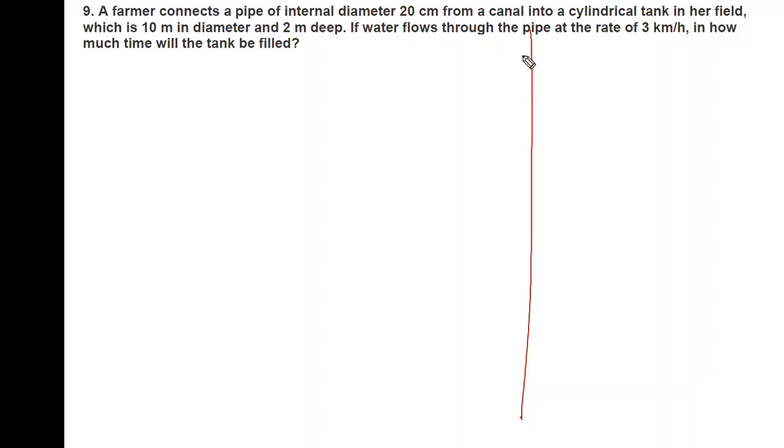See what is given here. There is a pipe. So radius of the pipe R1 you can say equal to 20 by 2, which is equal to 10 centimeter. The length of the pipe must be there, so you can say height H1 is equal to, we don't know the value, just put question mark.